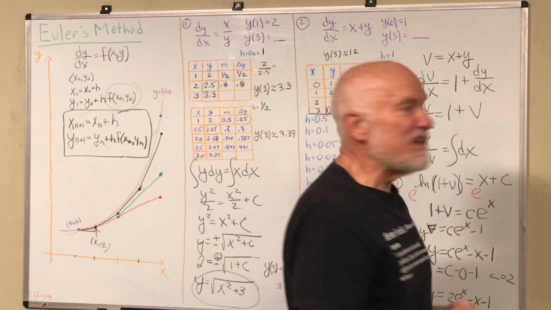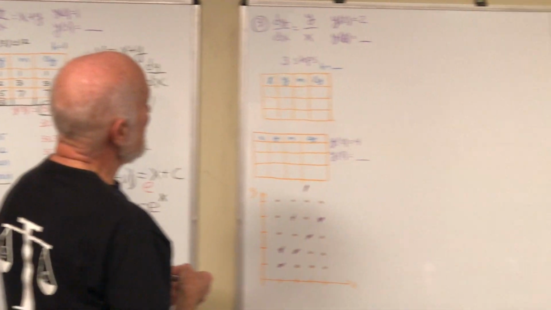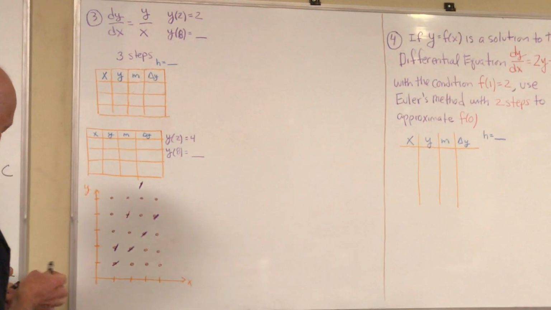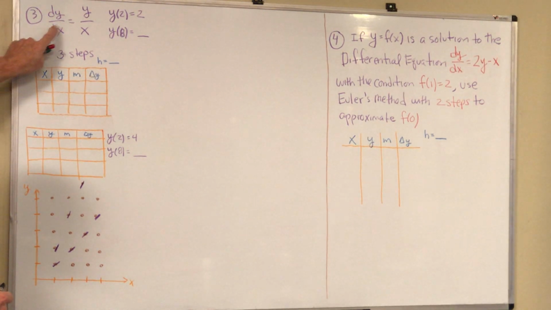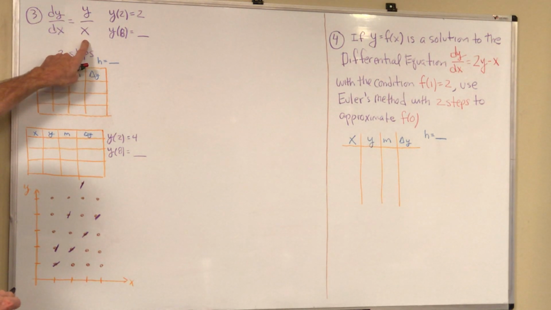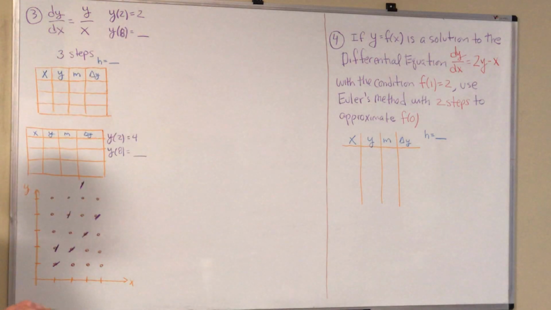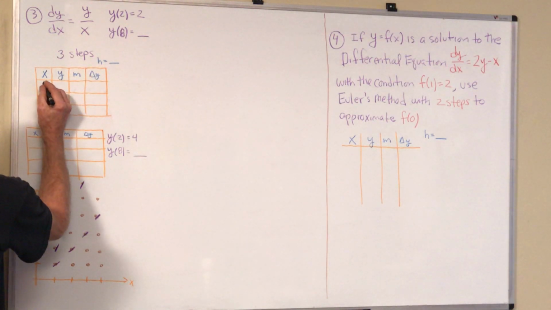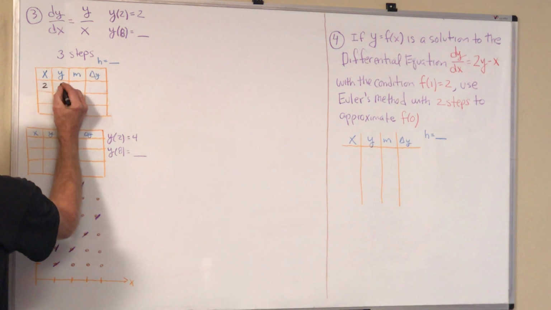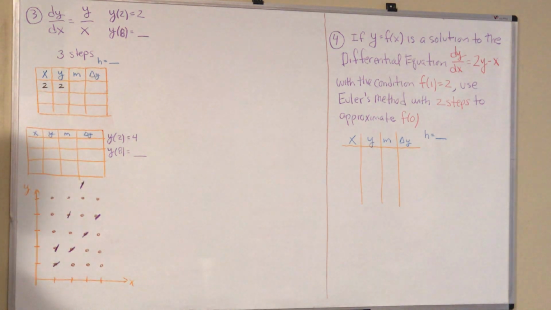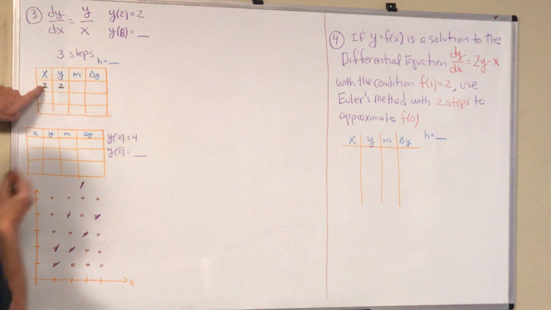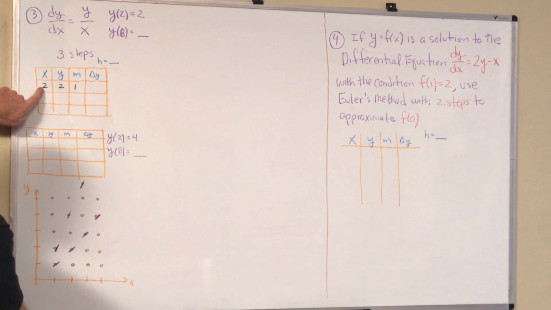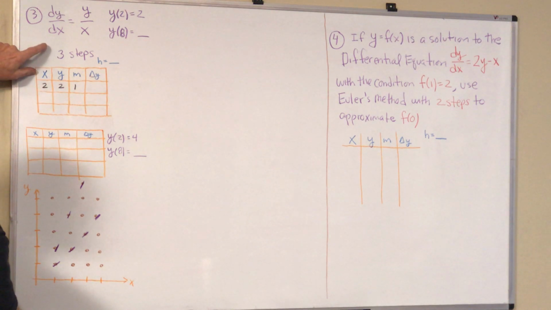Okay, so let's progress to another one here. So, dy/dx equals y over x, y of 2 equals 2. So we're starting out at the point (2, 2). And what is the slope going to be? y divided by x. 2 divided by 2 is 1. We're doing this in 3 steps.